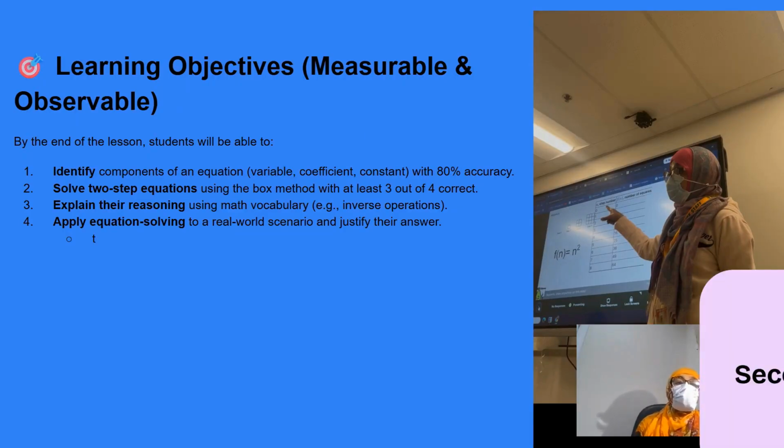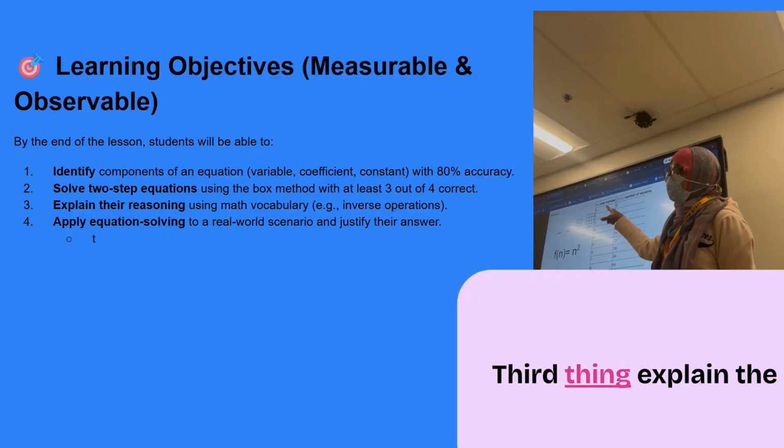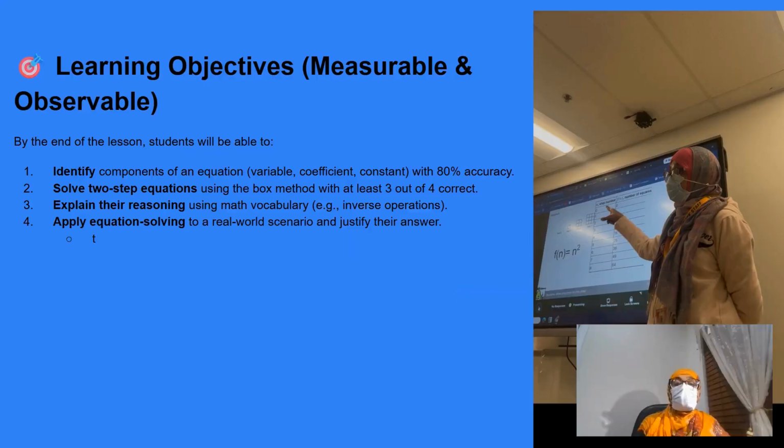Second, solve two-step equations using the box method with at least 3 out of 4 correct. Third, explain the reasoning using math vocabulary, for example inverse operations. Apply equation solving to a real world scenario and justify the answer.